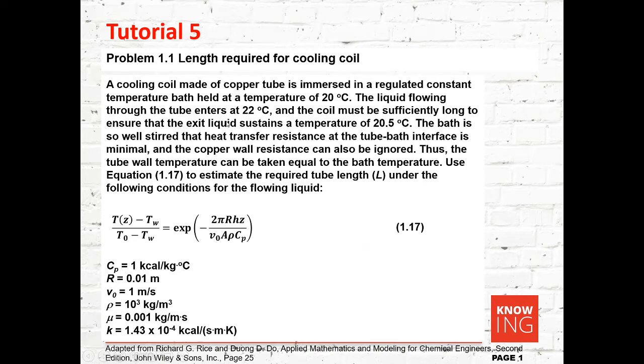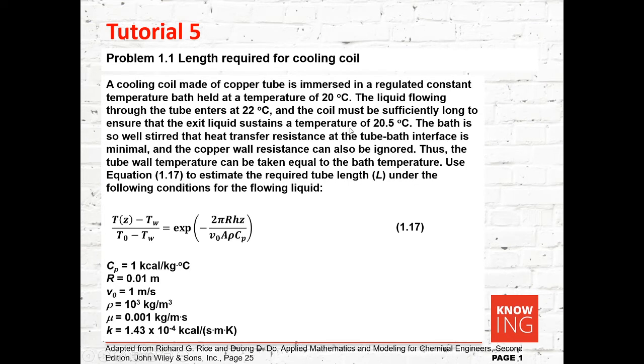A cooling coil made of copper tube is immersed in a regulated constant temperature bath held at a temperature of 20 degrees Celsius. The liquid flowing through the tube enters at 22 degrees Celsius, and the coil must be sufficiently long to ensure that the exit liquid sustains a temperature of 20.5 degrees Celsius.